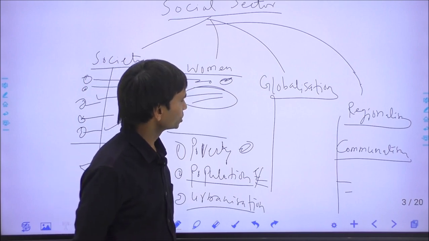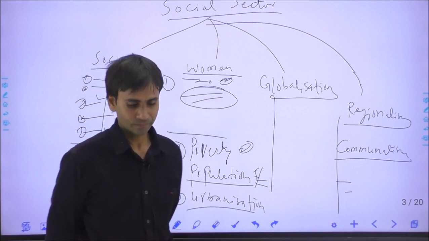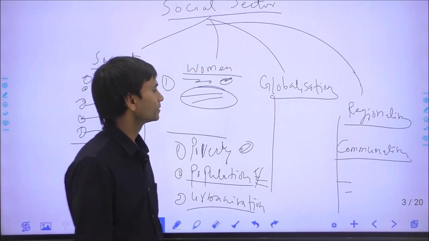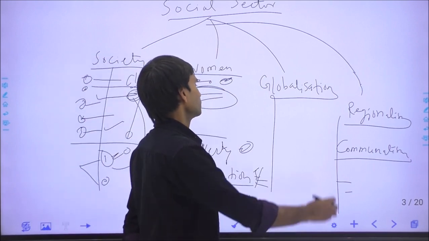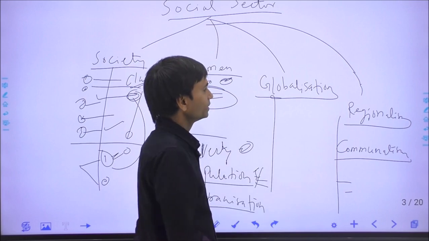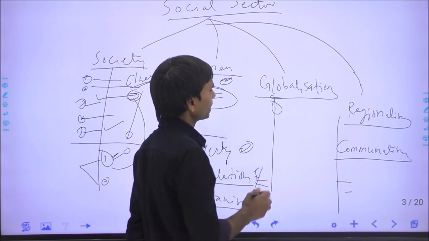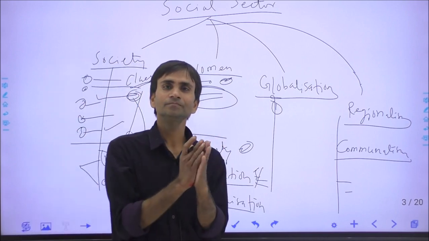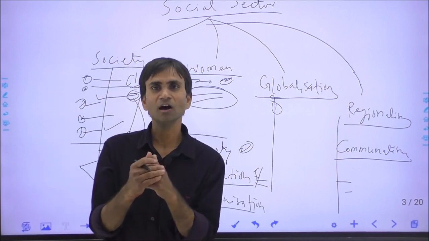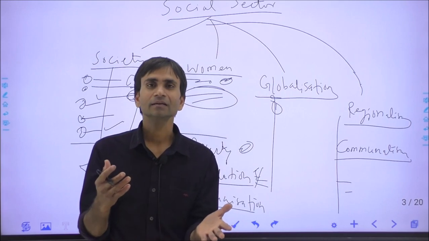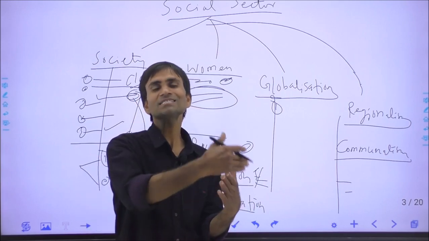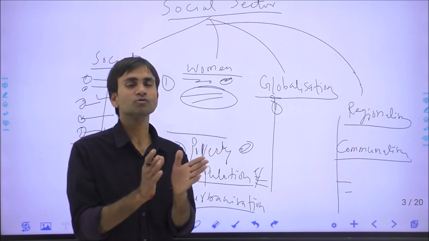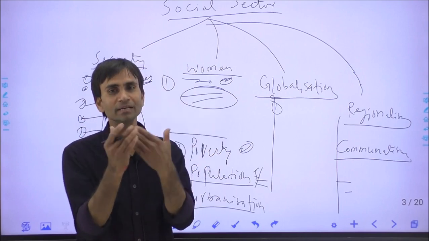Impact of globalization on Indian society. To what extent has globalization left an impact on Indian society? One is the impact on the family system. India was mainly a society of joint families, but now we are seeing joint families breaking, and we are pushing our society towards nuclear families.